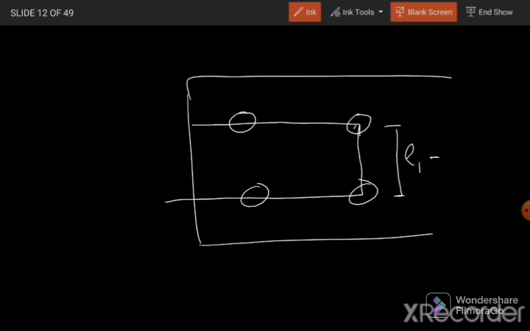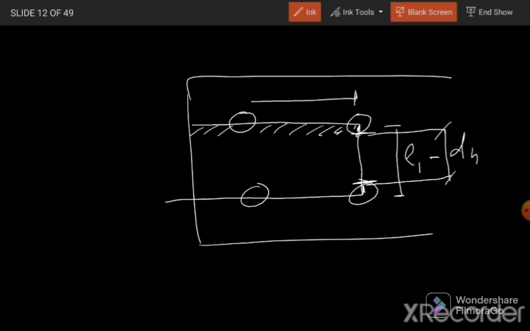To get this much distance which is under tension, we need to subtract half the diameter of the hole from here and half the diameter of the hole from here. So this much length will be equal to L1 minus the diameter of the hole, half from this side and half from this side.